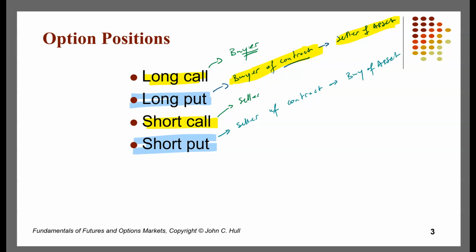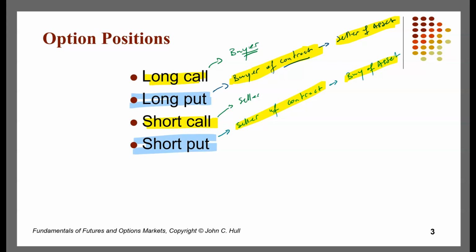And so this is what we would have. The short put would be the seller of the put option contract, and therefore would have to purchase down the line from the long put should the long put want to exercise the option. That is, the short put would be the buyer of the asset. Now, the long call would be the buyer of the contract, but the long call will also be the buyer of the asset, because the long call buys the right for the underlying, and therefore if the long call wants to exercise the option, the long call would be the buyer of the asset.